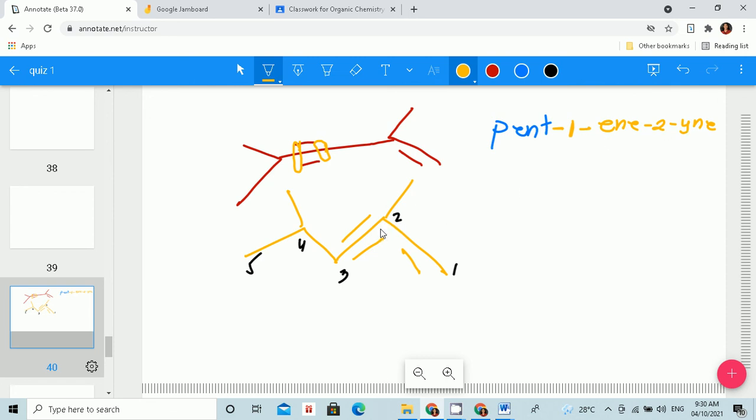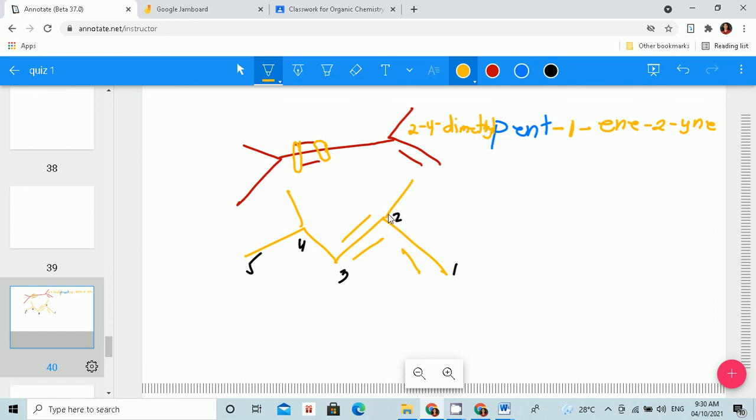And then what about the methyl substituents? We will write that one. We have 2,4-dimethyl. Okay, so we will write that one. 2,4-dimethyl.